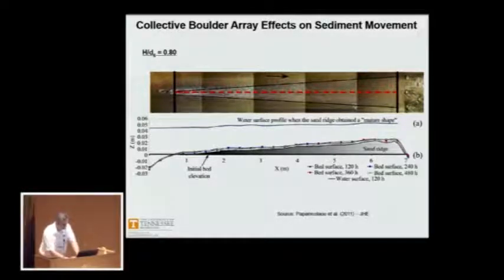Upstream of those, upstream of that basically black solid line, you see the sand ridge forming. And you can see really that now all of a sudden we're not dealing with localized effects, but we're dealing with ridge scale effects. I'm going to explain that in a second.